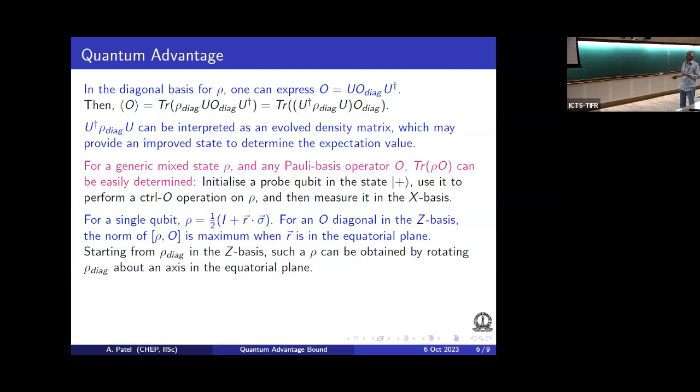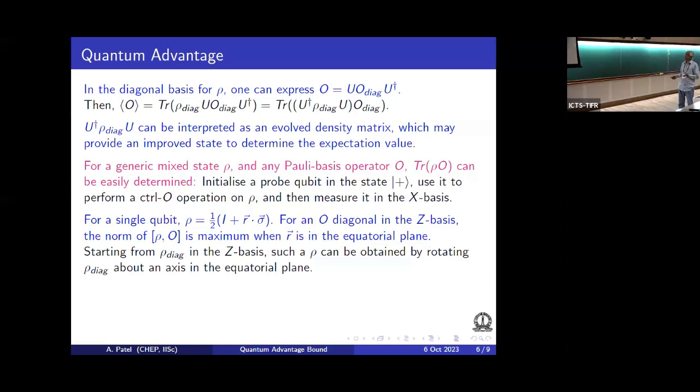When is the commutator of rho and O maximum? Well, the density matrix is identity plus R dot sigma. Operator is in the Z basis, and so the commutator will maximize when R is in the equatorial plane, some combination of sigma x and sigma y. The explicit solution, there is nothing more that you can play with.